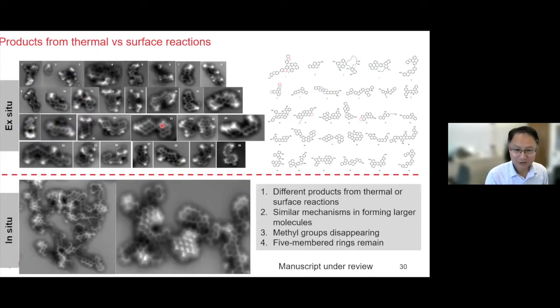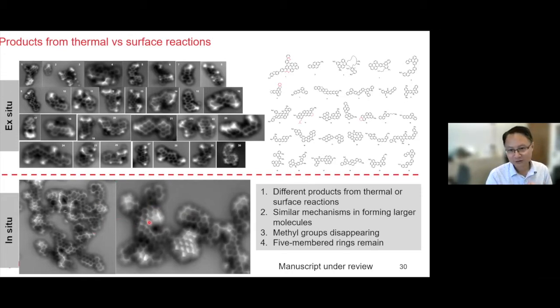We can also do the reaction on a surface. This is also very common, and many papers have been published based on copper 111. On the copper 111 surface, you heat the sample, obviously you cannot image at the same time, but afterwards, after cooling down and imaging again, you can see ginormous molecules formed on the surface.